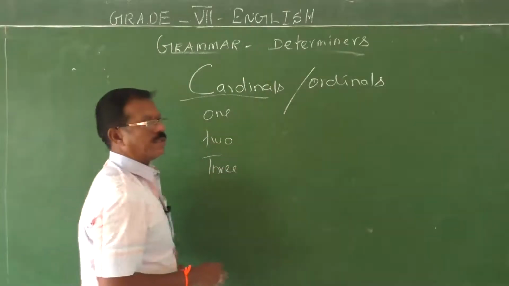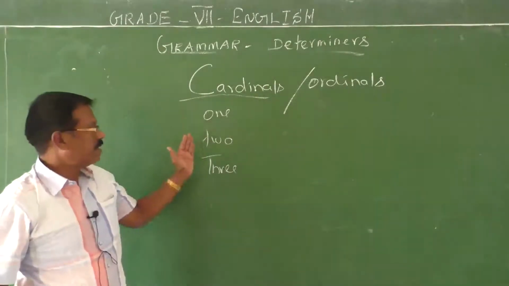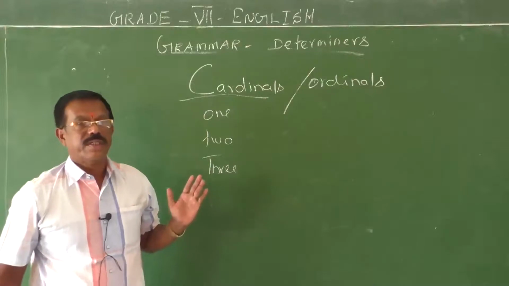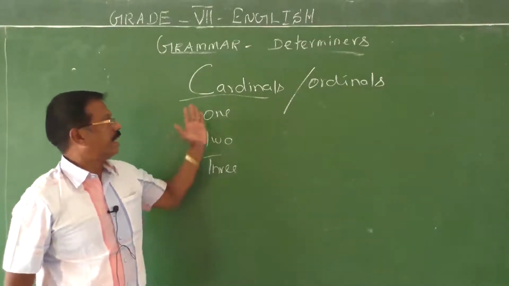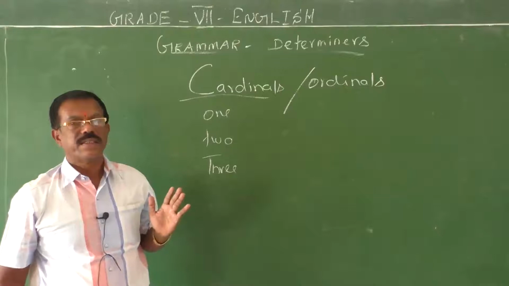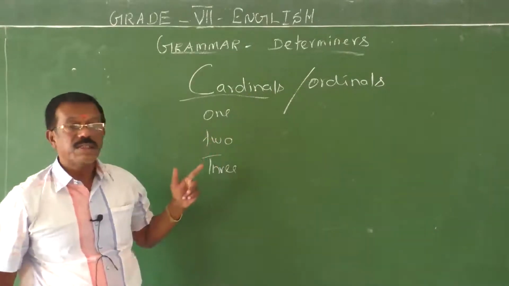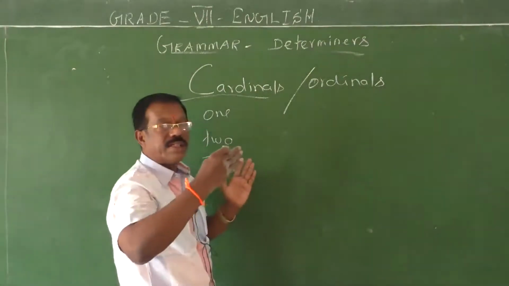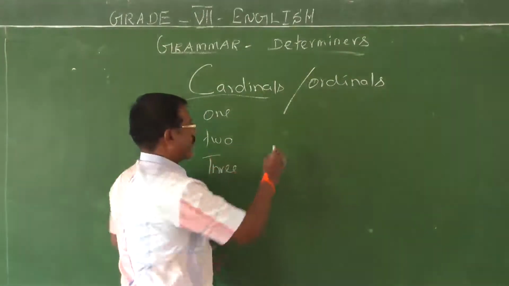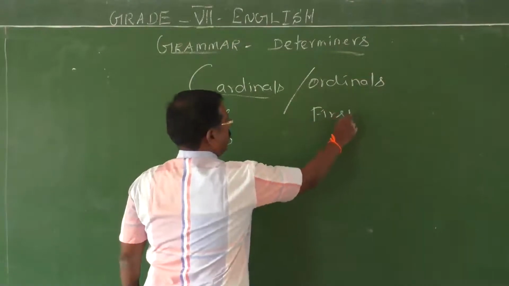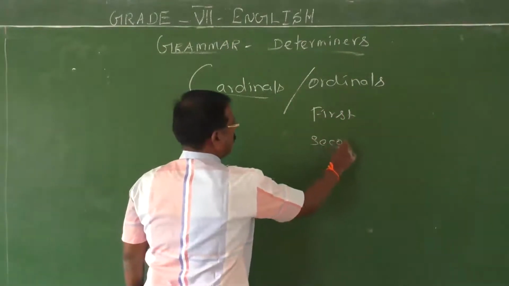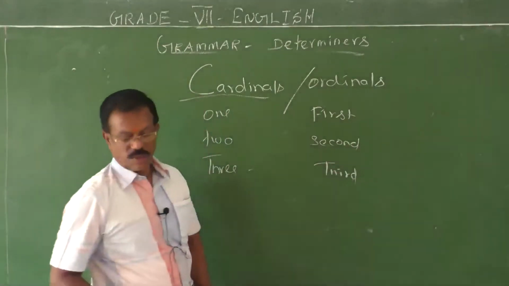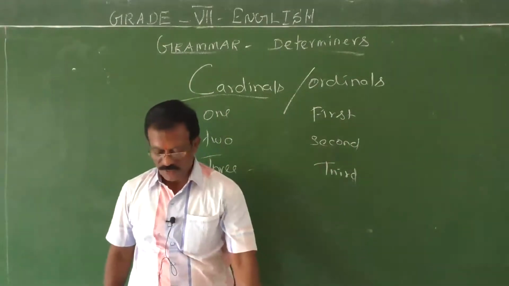When you count things, you can use these numbers, numeral adjectives. They are called cardinal numbers. And then ordinals, do you know the difference, children? They show the position, the order, the rank: first, second, third, like that. So cardinal numbers are different from ordinals.